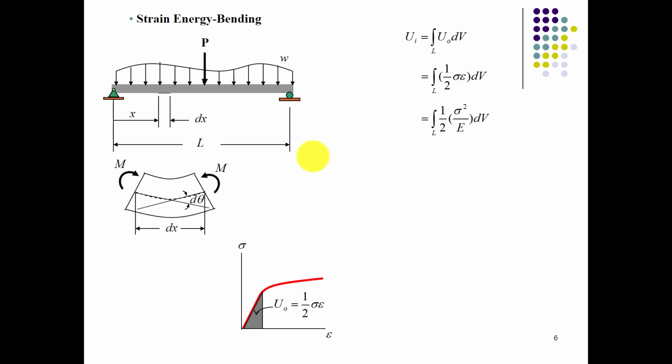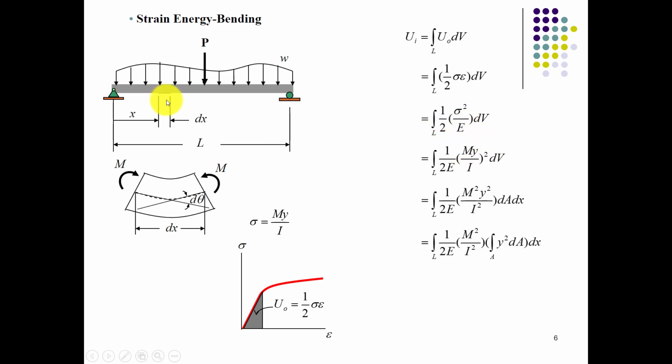So we will substitute sigma equals My over I up here. So the stress squared can be written as My over I whole square. Delta V is the volume, equal to area into dx, the area of this cross section into dx. Basically delta V is transformed into dA into dx by taking sum of Fy equals 0.